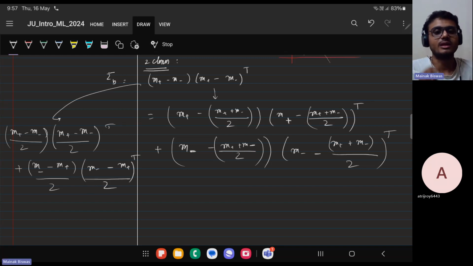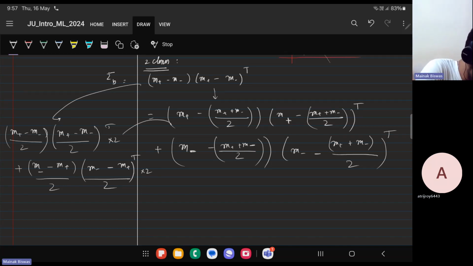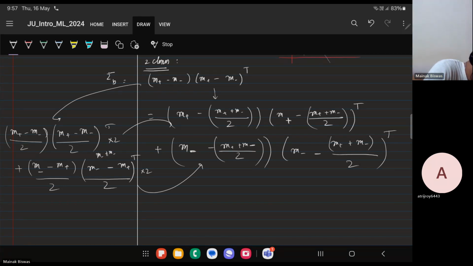Clear? This is what I did, into 2 into 2. No problem if I do this. And this is equal to this and this is equal to this. Do you agree? If you just add and subtract m plus from here or m minus from here, you will get this. Yes or no? Good.